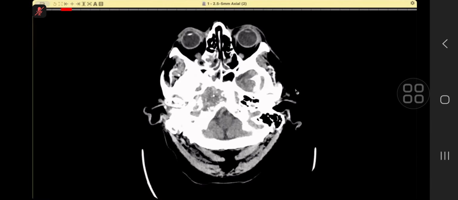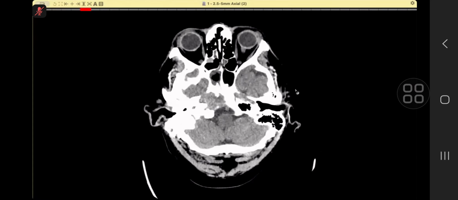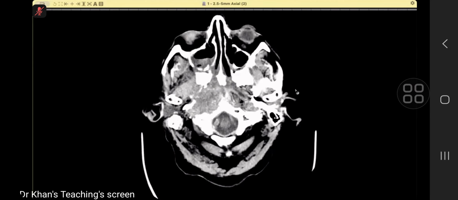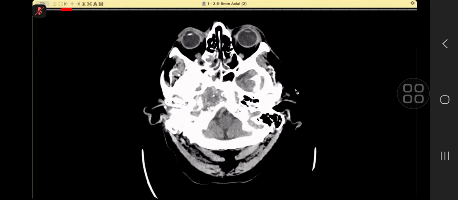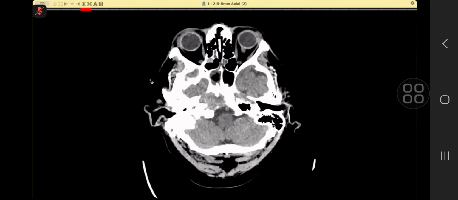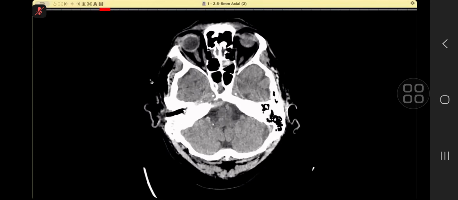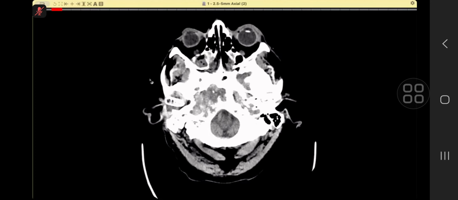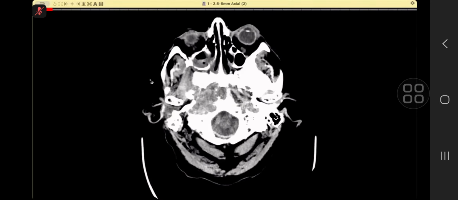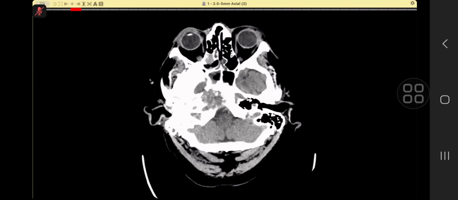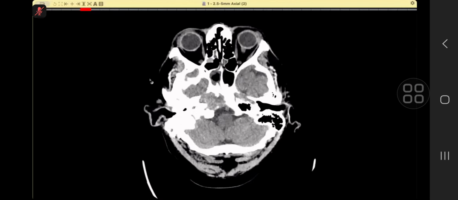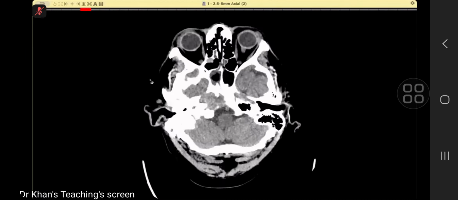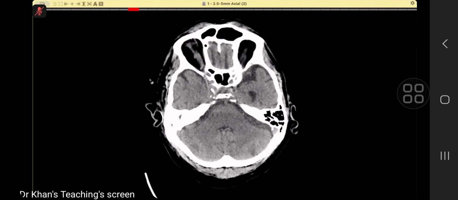As I can see, there is erosion of the right apex of the petrous bone and the pterygoid plates.